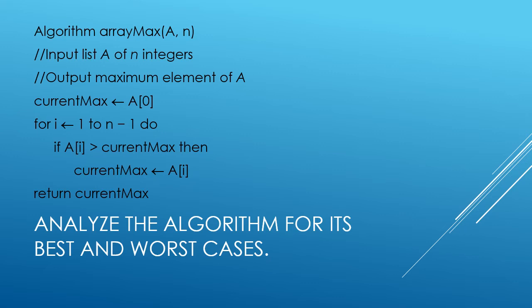Then it runs a loop from 1 to n minus 1. If the ith value of A is greater than current max, then the ith value of A is placed in current max. At the end of the for loop, the algorithm returns current max.